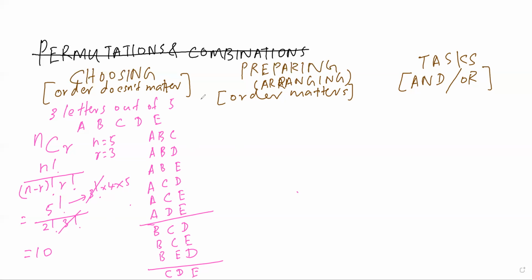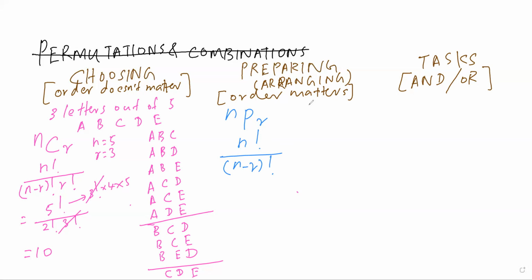Now, let's do the same thing with preparing. When you prepare 3 letters out of 5, the order matters, okay? Now, in this case, the calculation goes as nPr, whereas the definition is n factorial divided by (n minus r) factorial, okay?